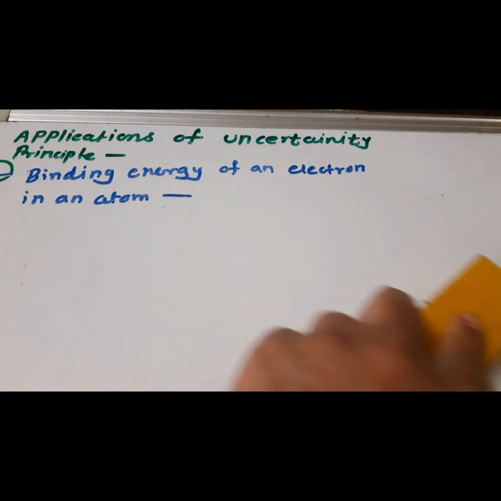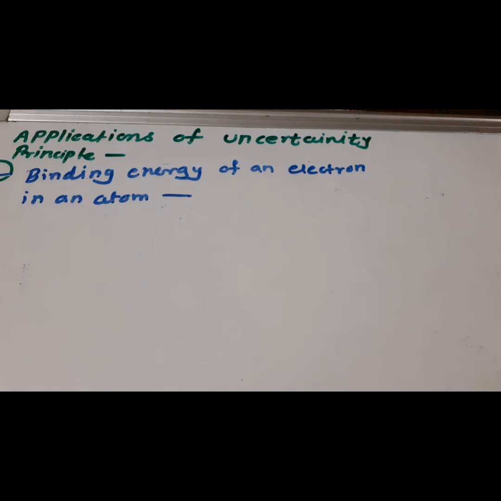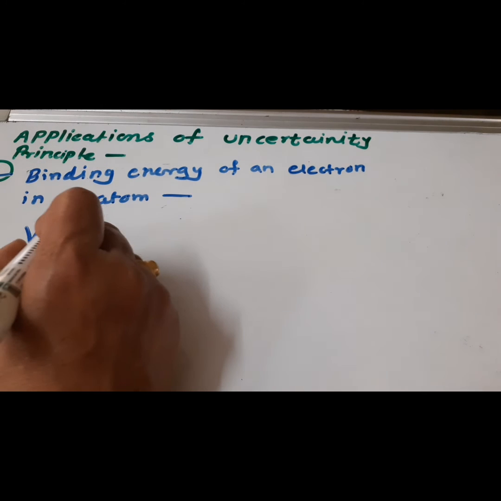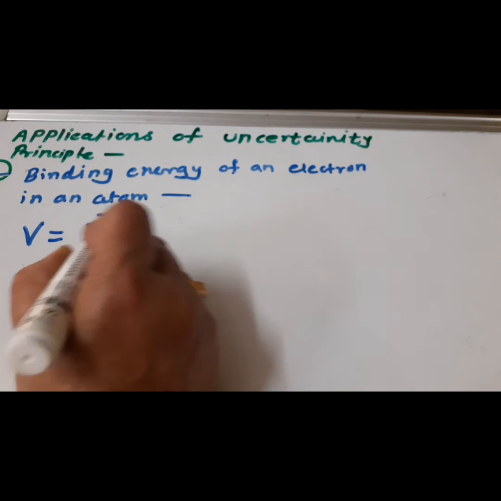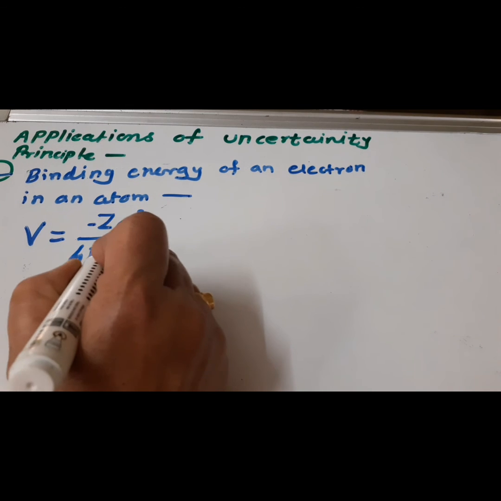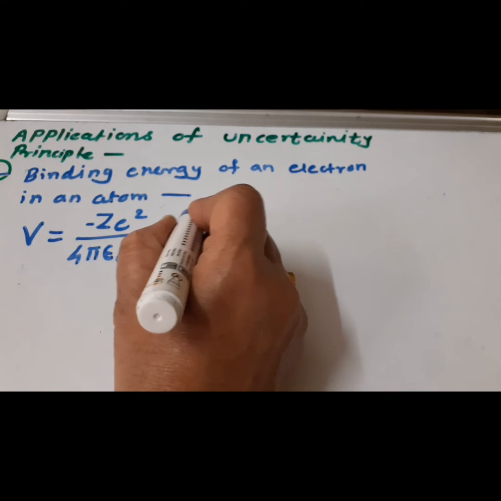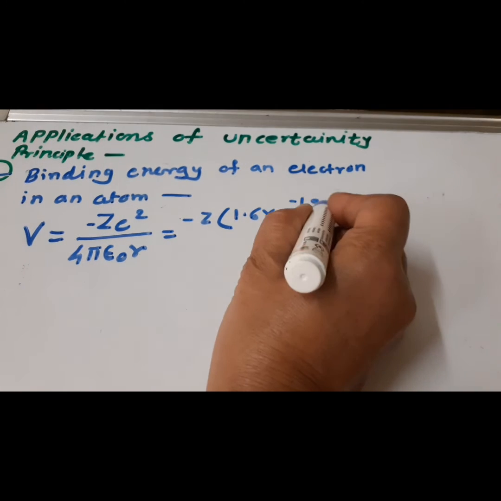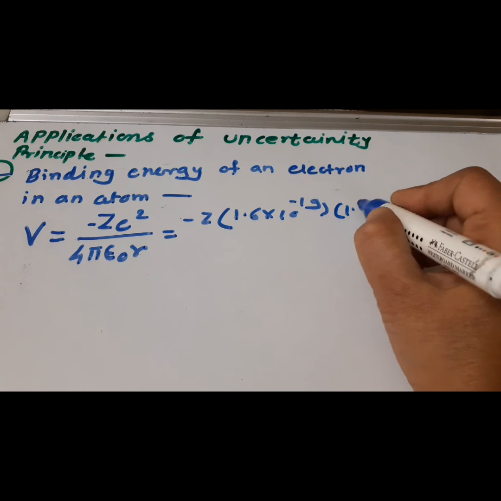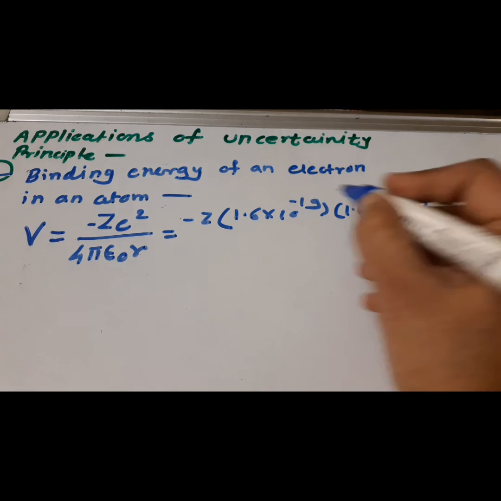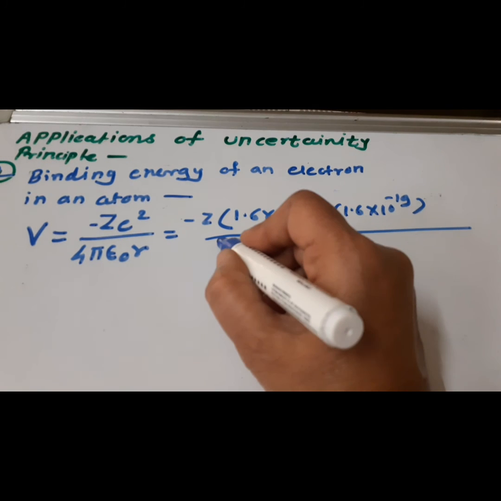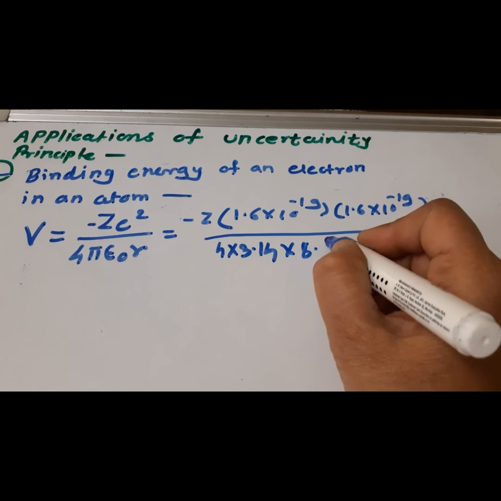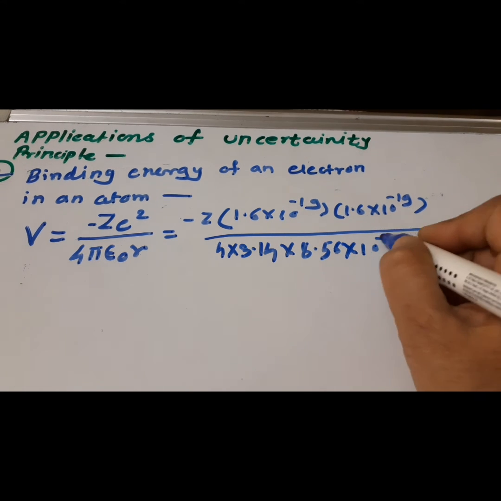Hence, we have to calculate the potential energy of the electron, denoted by the letter V, which is equal to minus ZE square divided by 4 pi epsilon 0 R, that is equal to minus Z into 1.6 into 10 to the power minus 19 into 1.6 into 10 to the power minus 19 divided by 4 into 3.14 into epsilon 0 value 8.56 into 10 to the power minus 12 into R, 10 to the power minus 10.